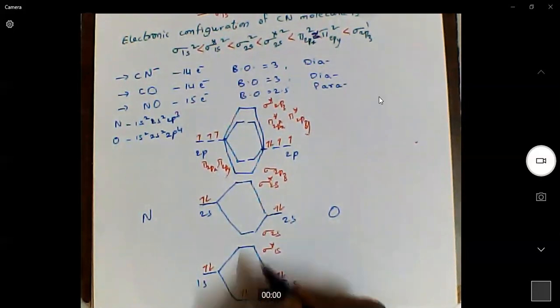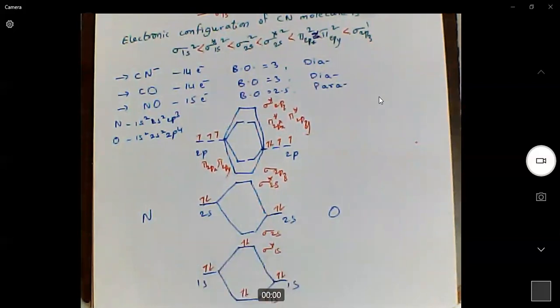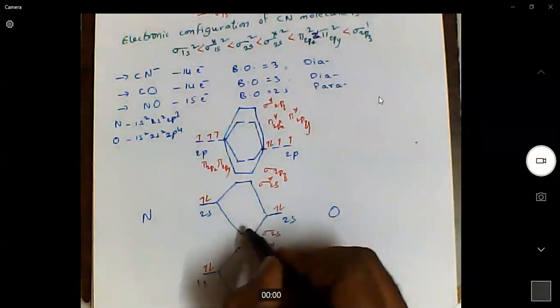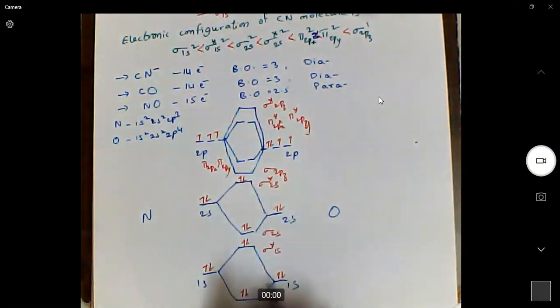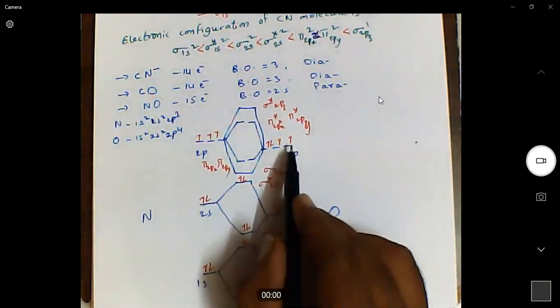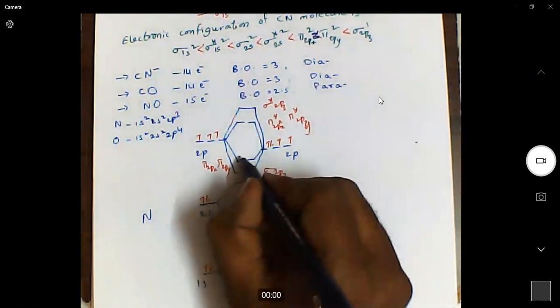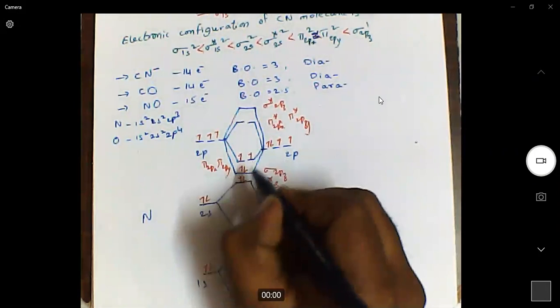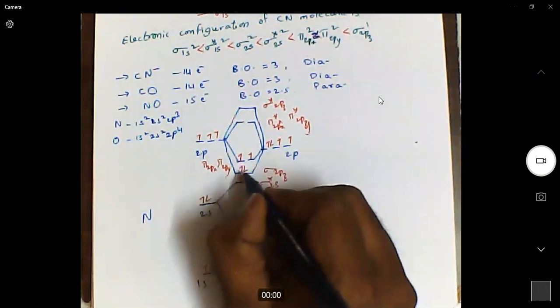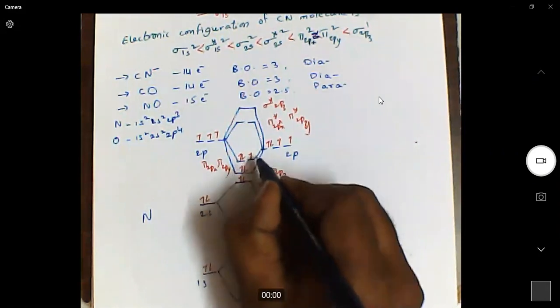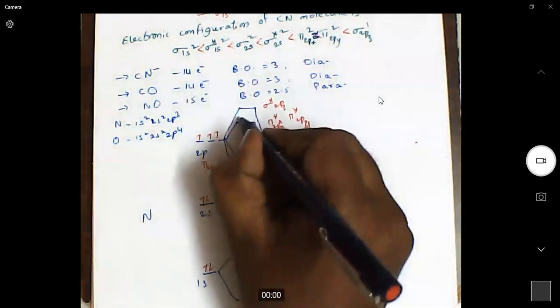Now we have 4 electrons in 1s orbital, so we will place 2 electrons here, 2 electrons here. We have 4 electrons in 2s orbital, we will place 2 electrons here, 2 electrons here. We have 3 plus 4, 7 electrons in 2p orbital, so 2, 3, 4, 5, 6, then 7.